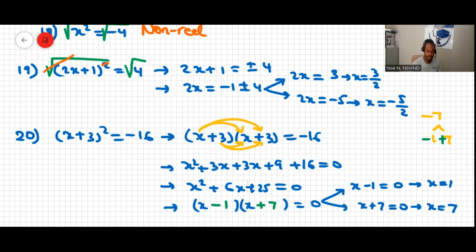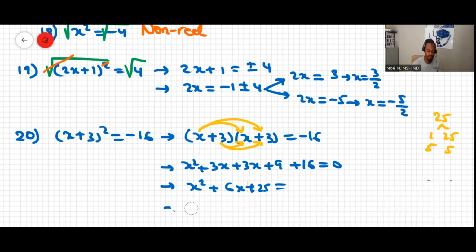Then if we do 25, factors of 25 are just 1 and 25, 5 and 5. Now we're going to ask ourselves, how can we get 6 here with 1 and 25 and 5 and 5? There is no way to get 6 here. So here there is no solution.